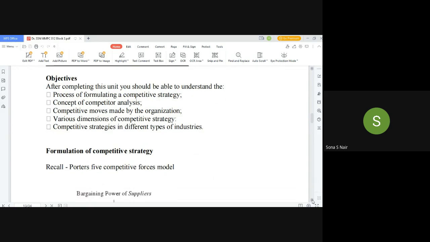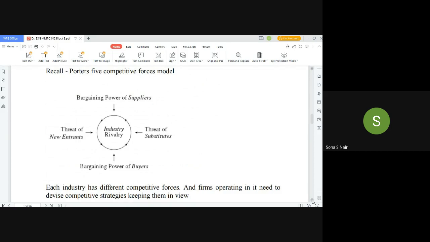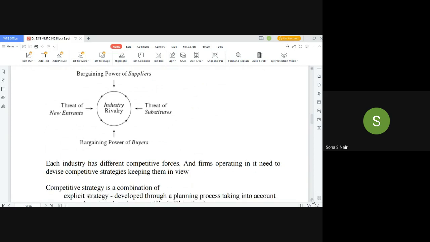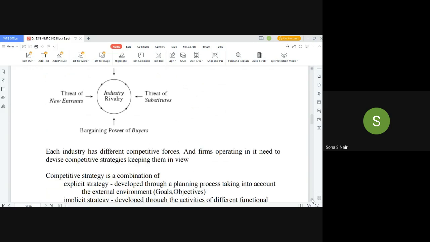But still, there's this unit which talks of competitive strategy, and we have to look at competitive strategy in the various industries: emerging industries, declining industries, and also in general industries. Now, if you recall Porter's five competitive forces, you might remember that there are five forces acting on a firm in the industry, in the strategic group where the organization is existing.